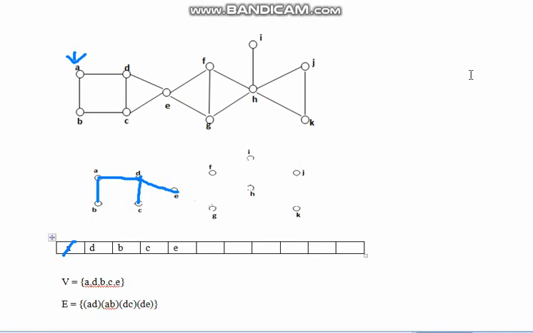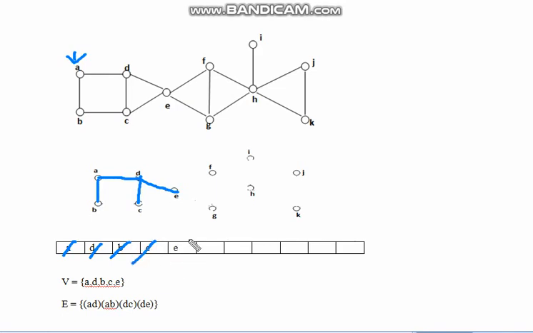Okay, then D's task is over. Then from B I have B to C, but it forms a cycle, so discard it. Okay, and next C: from C to E there is an edge, but it forms a cycle, so discard it.